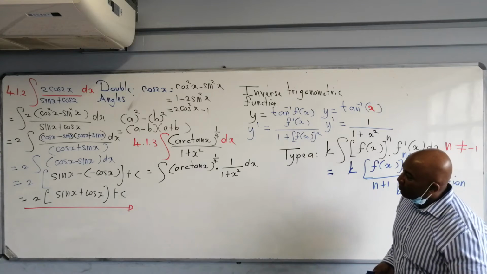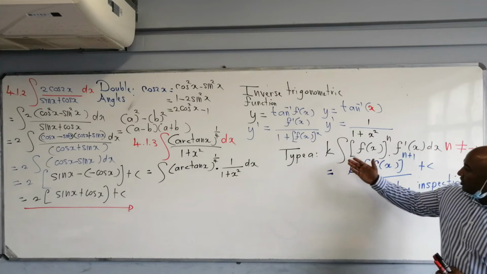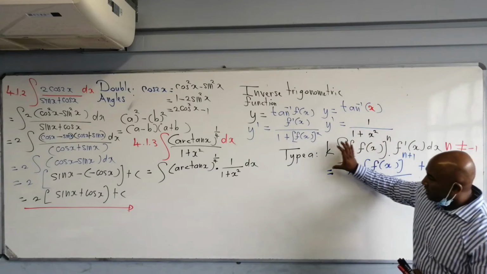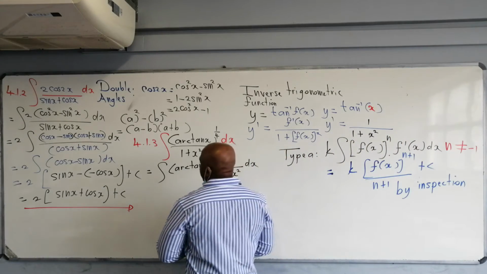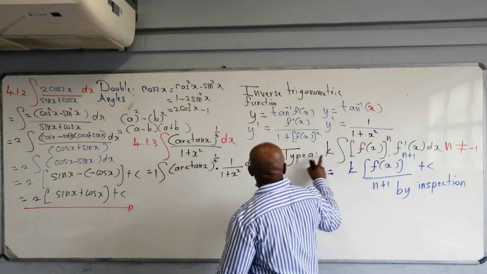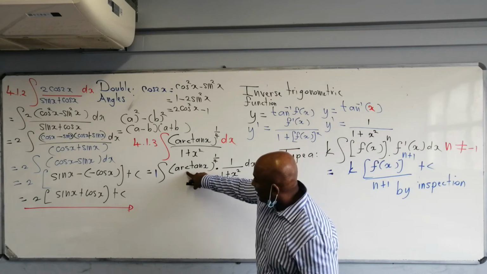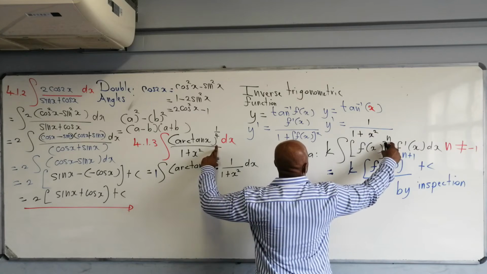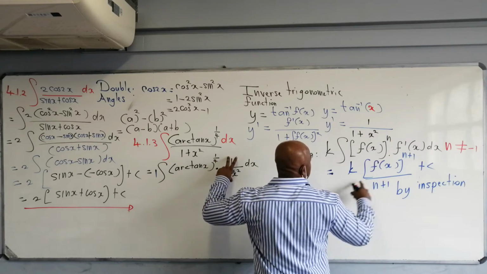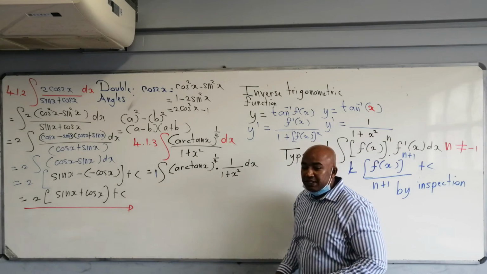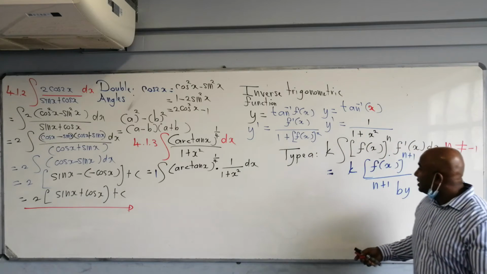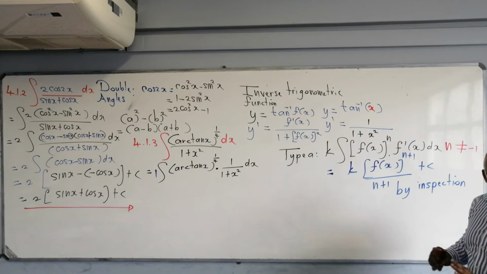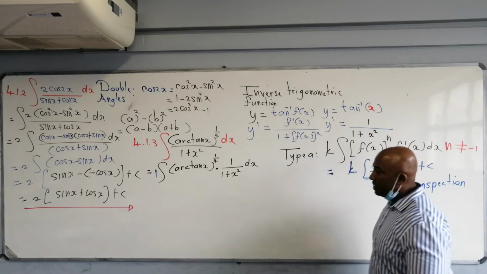So does this question satisfy this condition? Let's check. We've got a number in front, 1, which we'll call k. We've got arctan x, which is f of x. You've got n, which is a number. And then you've got f prime x, 100% the exact derivative. So therefore, I can go straight to my solution by inspection.